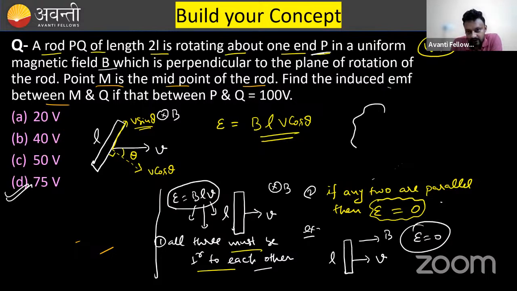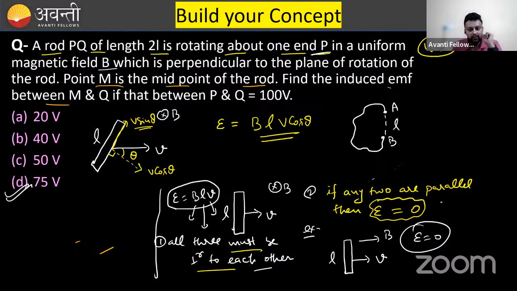Let's suppose there is a wire AB. This is a wire AB, which is of some irregular shape. Till now, everything is clear. Now, if the wire is of irregular shape and this separation is given as L, clear?